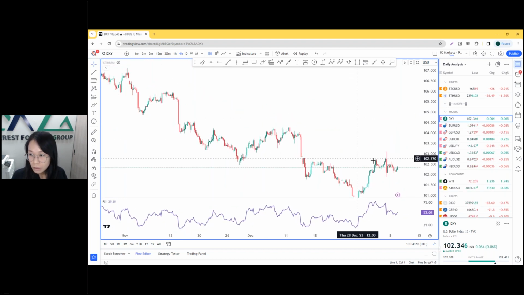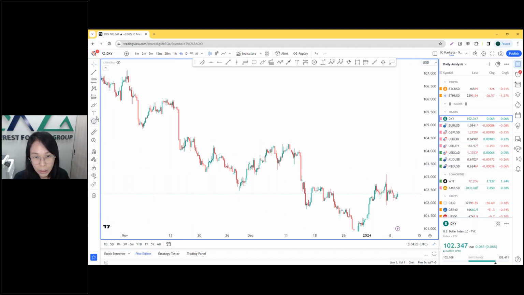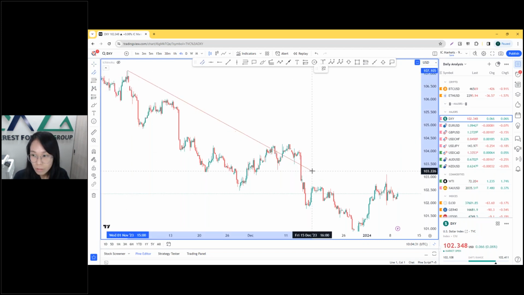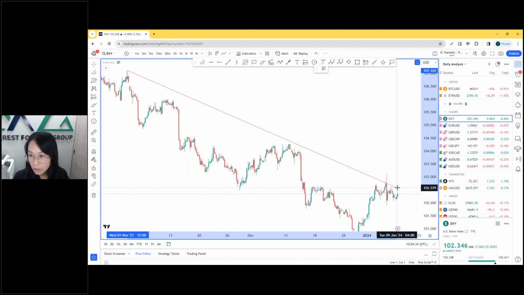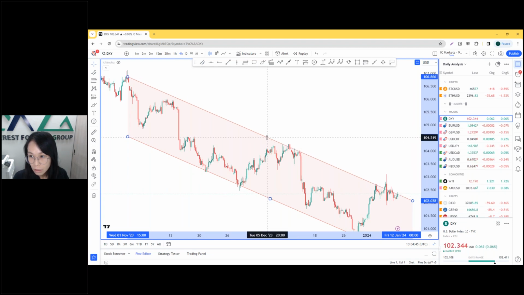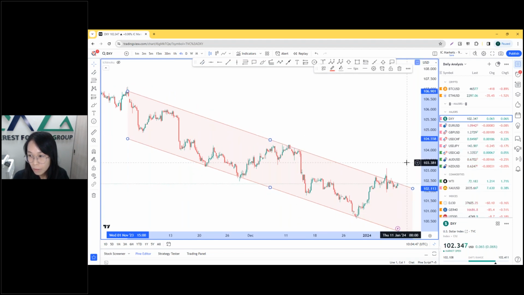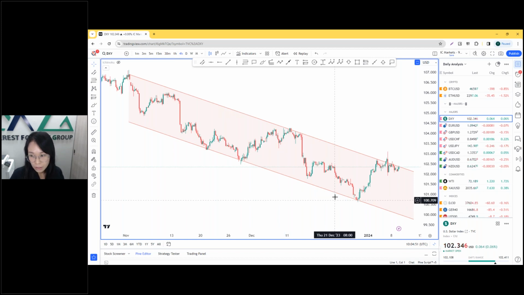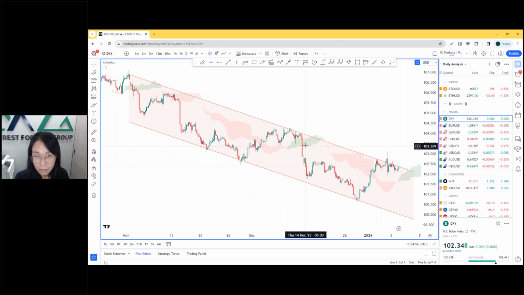There is a channel that is trading downwards, and it touches 3 candles here. The dollar index is on a downtrend for now, and even though on the H4 chart it is above the Ichimoku cloud, it looks like it is still going down.